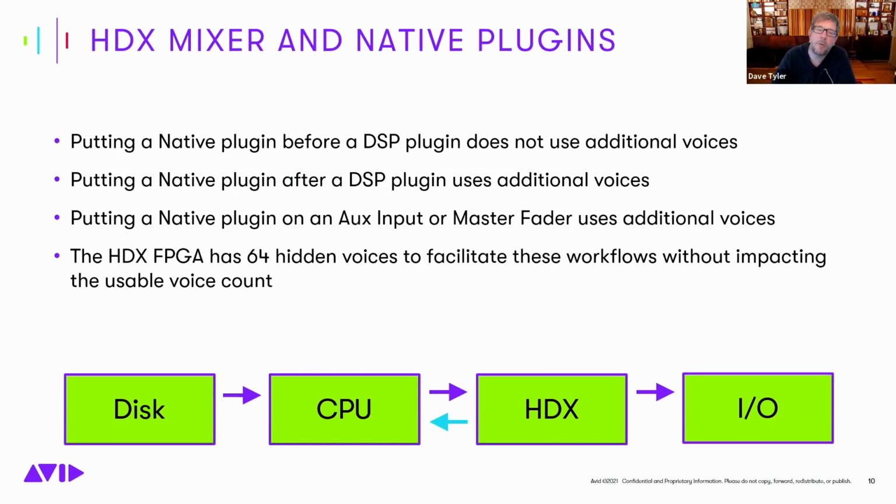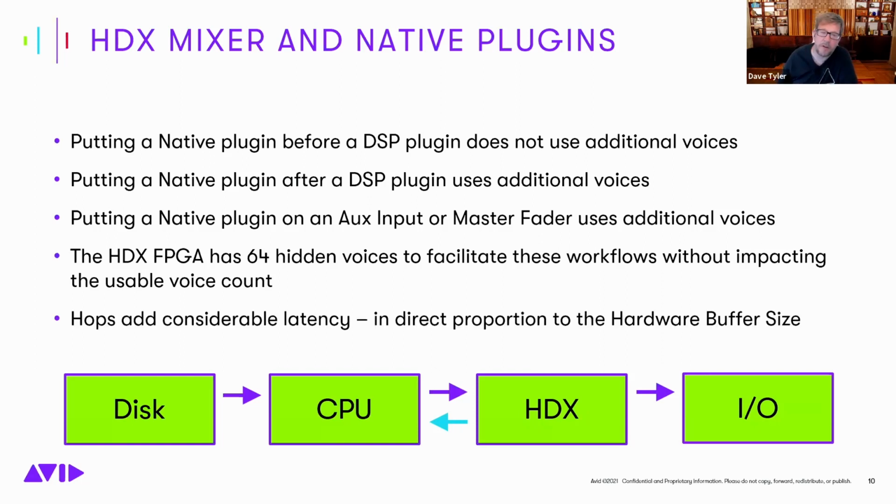Those voices are reserved, so they don't impact your 256 voices that are available to you. They're there in the background, but it's possible to exceed that 64 count and start eating into the usable voices in your session. Again, this is going on in the background and may be invisible to some users, and they don't realize that it's going on.